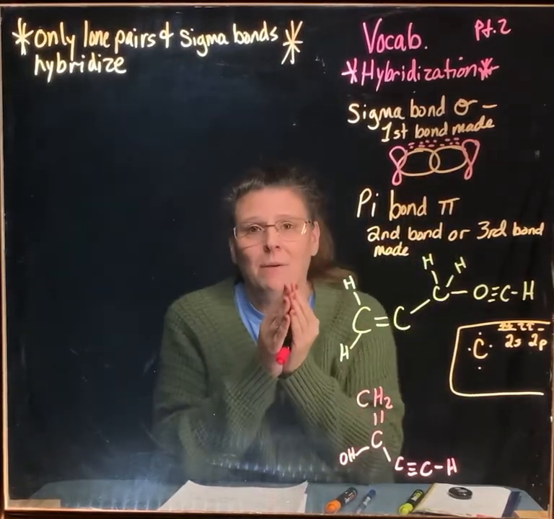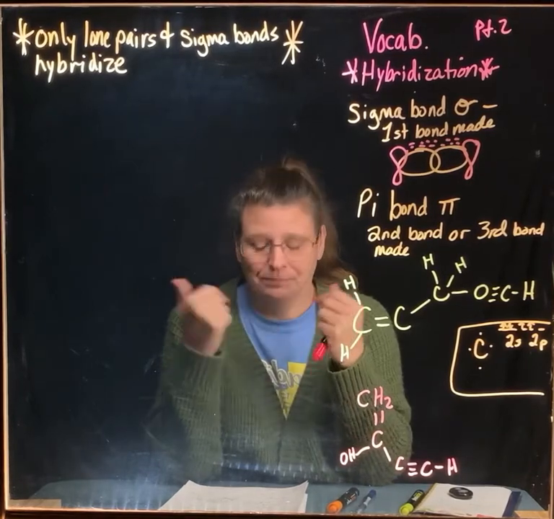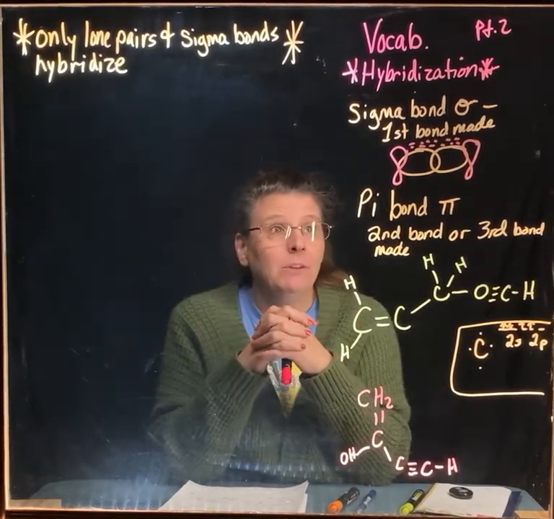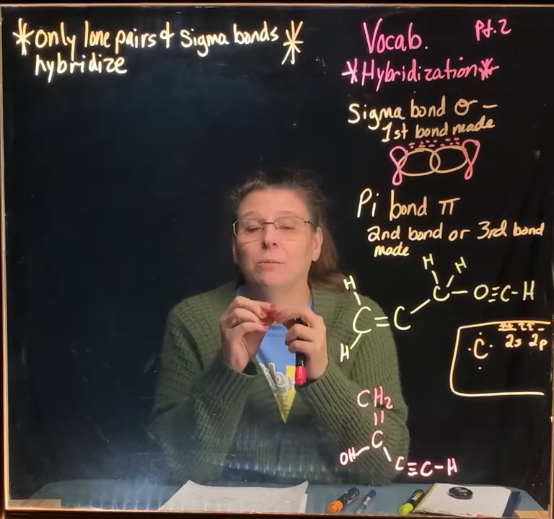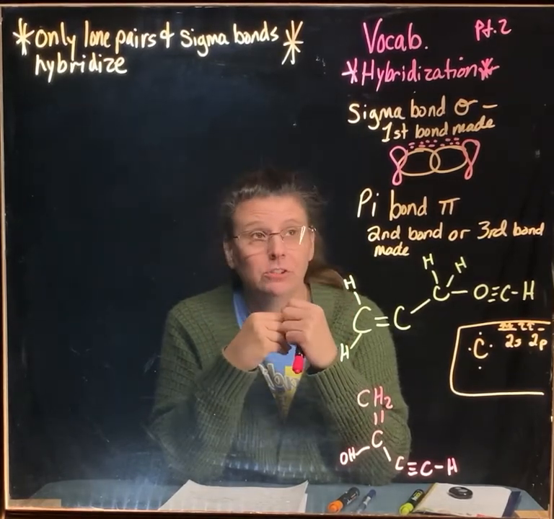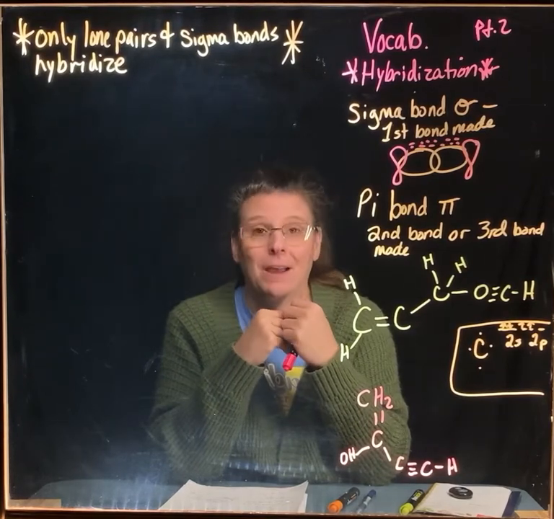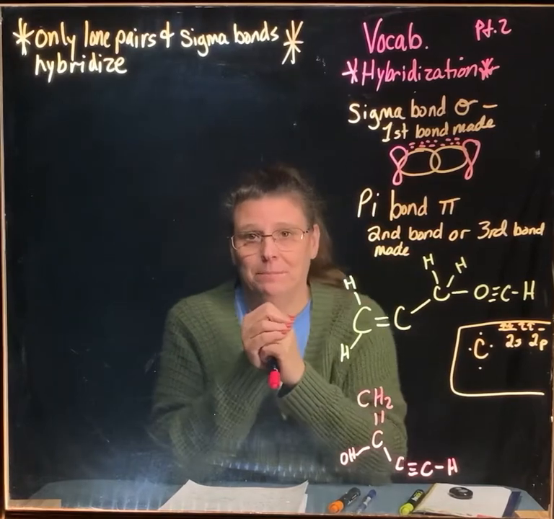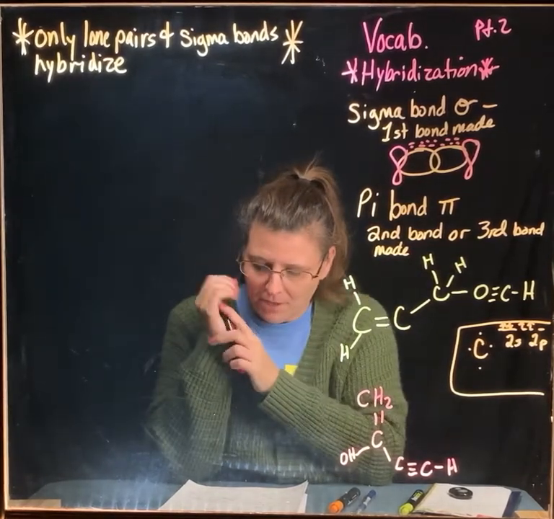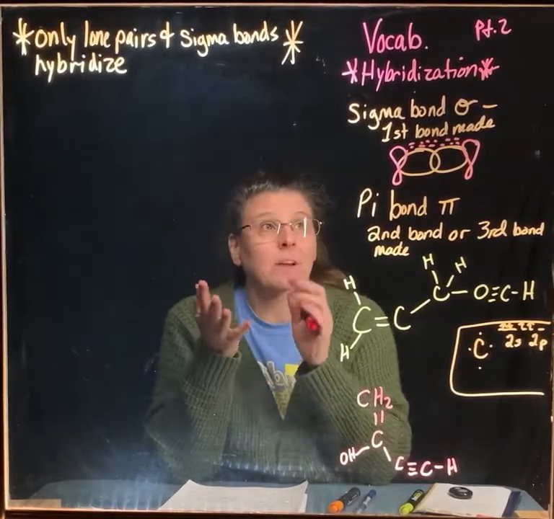Now, one thing you need to know about sigma bonds is they can rotate. If you try to rotate the pi bonds, you can't, because it will break your sigma bonds. So you cannot rotate a pi bond. These have a dumbbell shape, a figure 8. Your first bond is always your sigma bond.